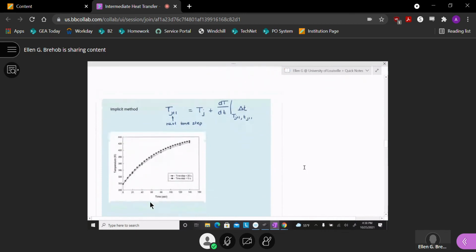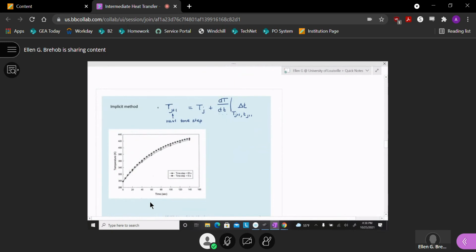Let's write a few more notes and let me then write down another equation. So this is how we're thinking about how I shoot to my new time step. Before, this gradient was based on my old time step. Now I've moved to the next one.